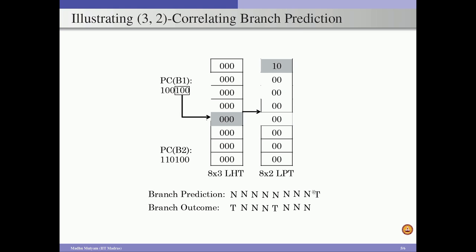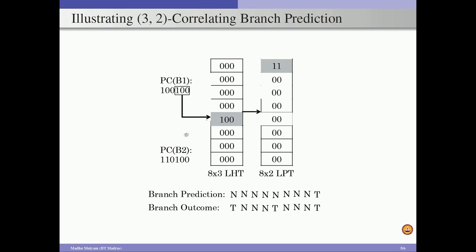So, once it is predicted to be taken, we fetch the instruction from the predicted path, and in reality also this branch is taken.